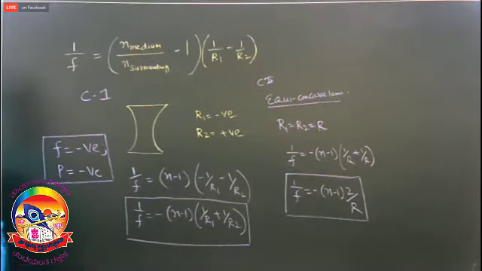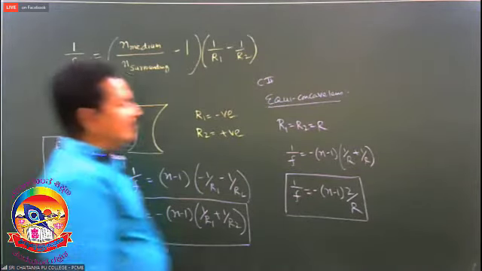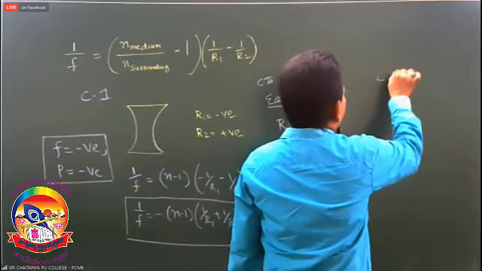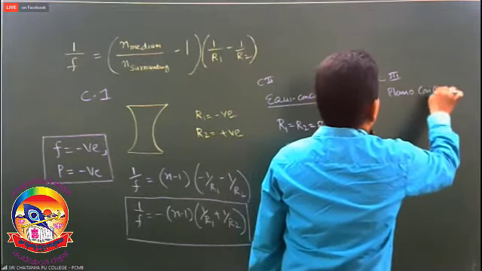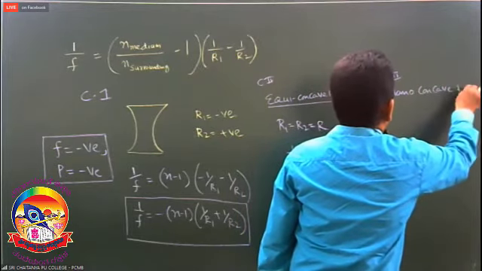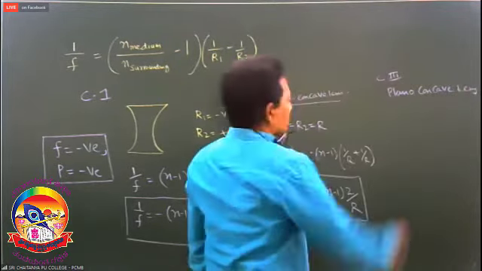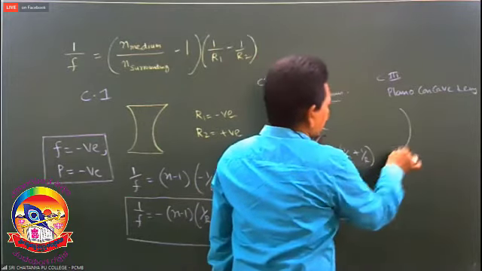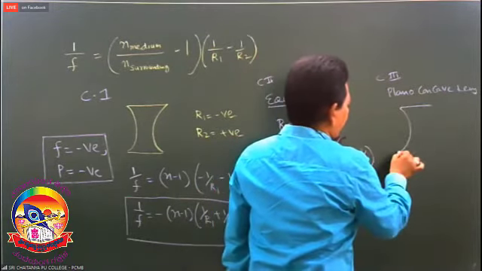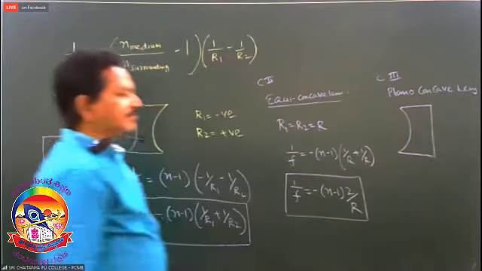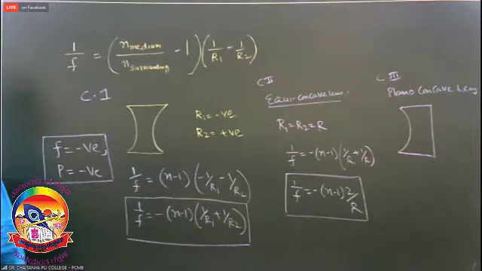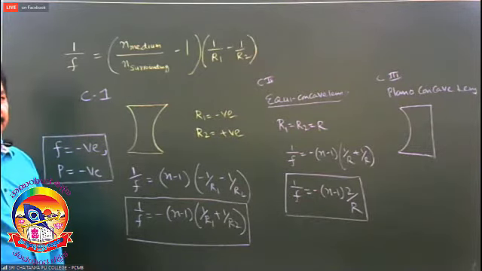Now consider case 3, the plano-concave lens. How to solve the problems? This is the diagram. The first surface is concave and the second surface is a plane surface.